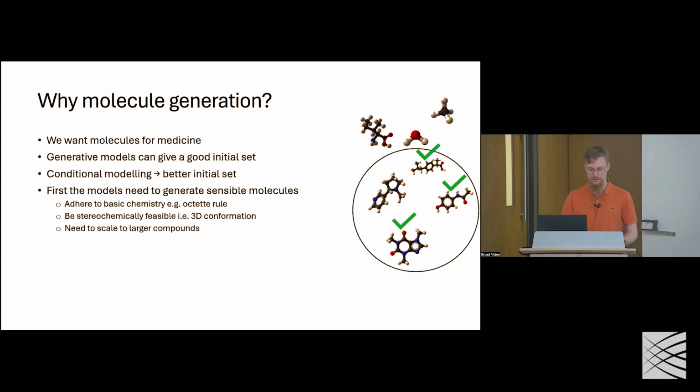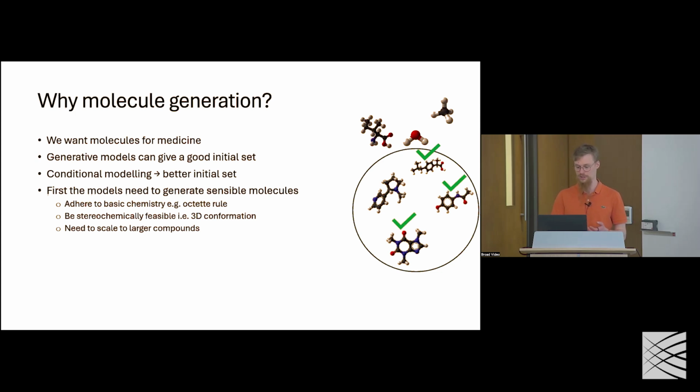But first, the models need to actually generate some sensible molecules. So they need to adhere to basic chemistry rules like the octet rule, and then they need to be stereochemically feasible. So the 3D conformation has to be something that can actually exist. And the models need to scale to larger compounds, both computationally, but also when larger compounds, they are more complex.